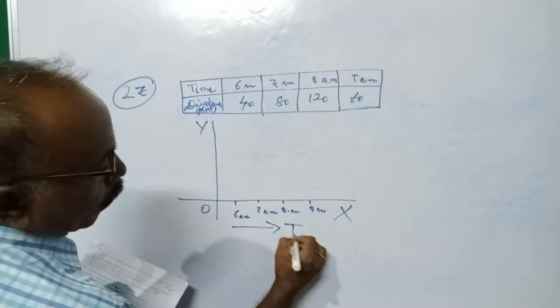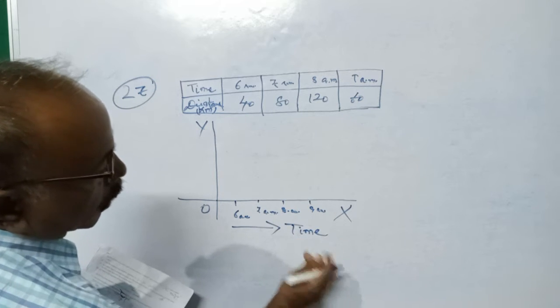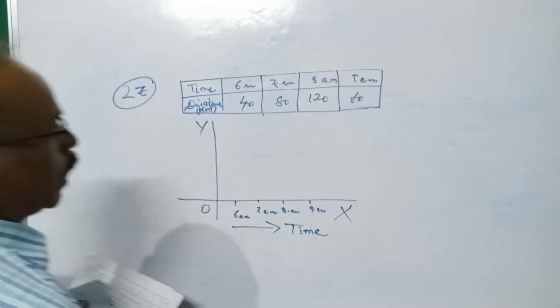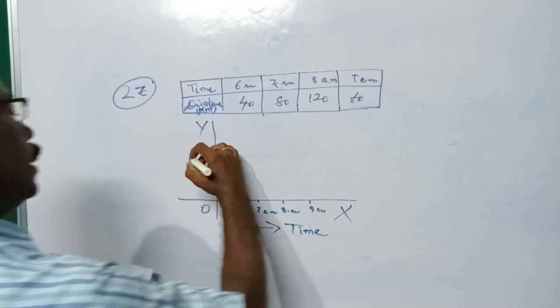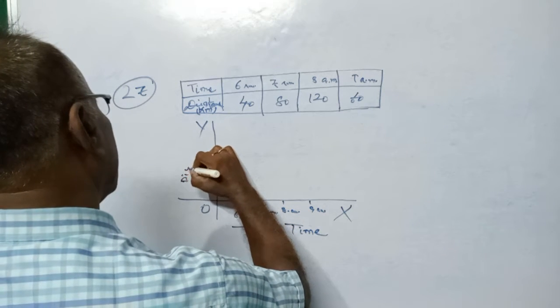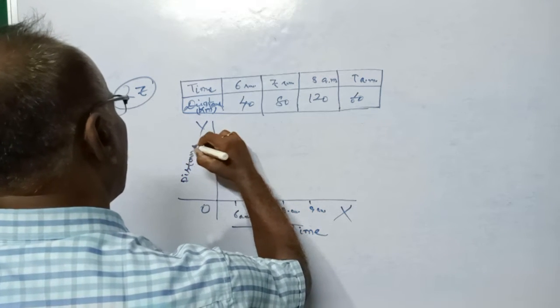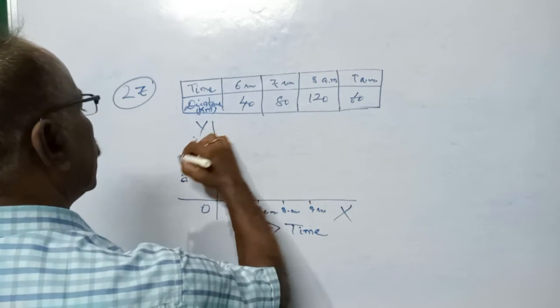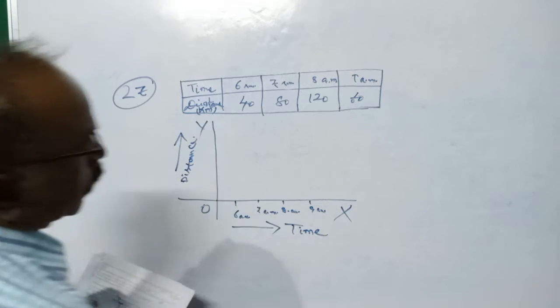This is time on the horizontal line and the vertical is distance. This is distance as the vertical line.